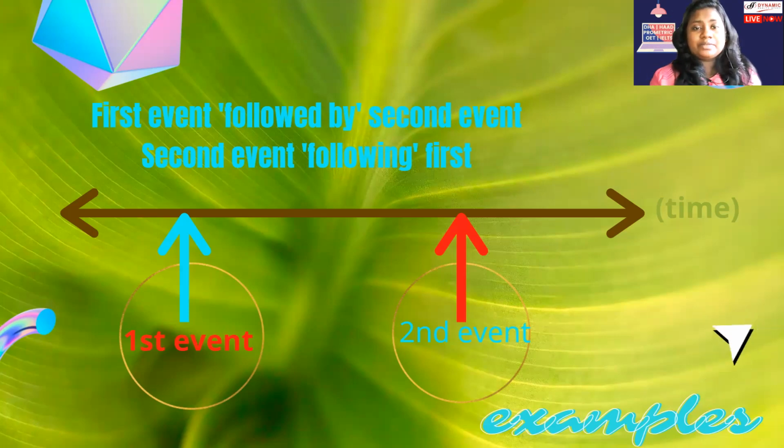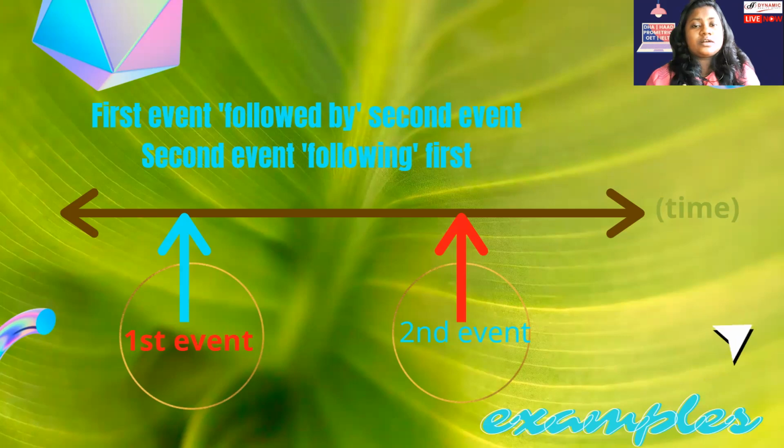You can memorize that: 1 followed by 2. Remember only one thing, then automatically you can write "following". So when you are writing "followed by", the first event comes first, followed by the second event.